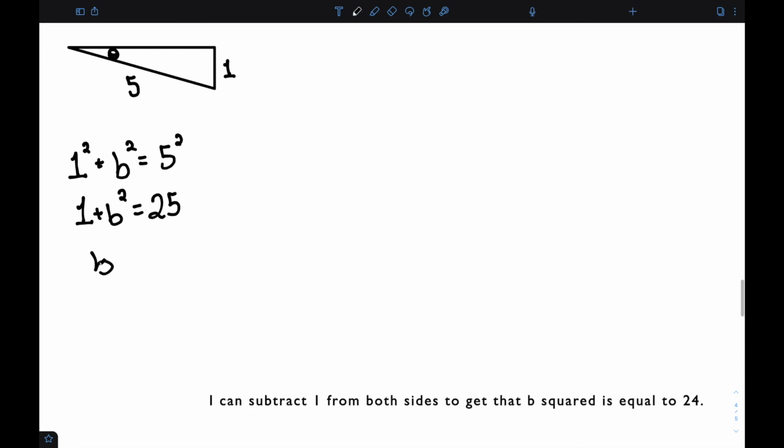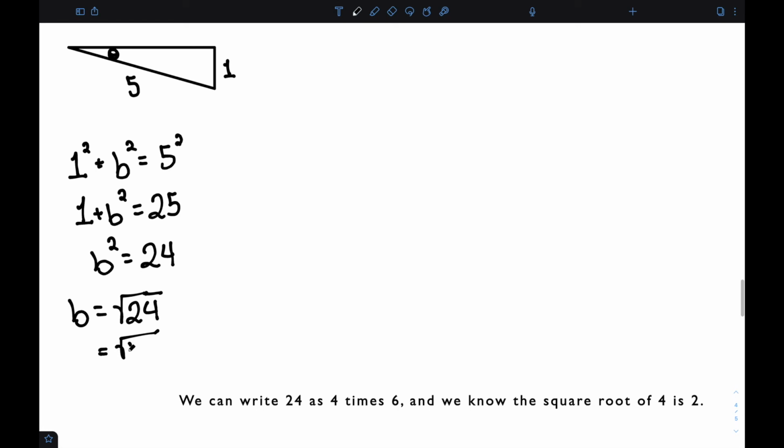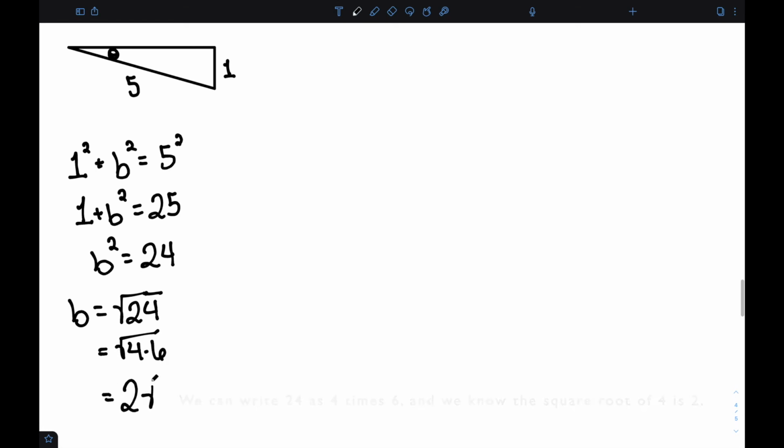I can subtract 1 from both sides to get that b squared must be equal to 24. So b is equal to the square root of 24. We can write 24 as 4 times 6, and we know the square root of 4 is 2. So this is 2 square root of 6.